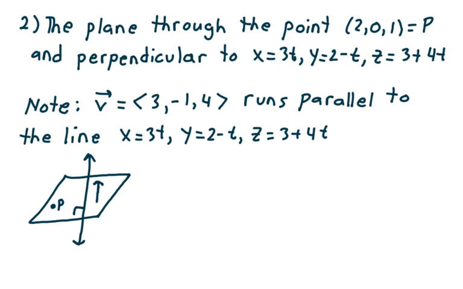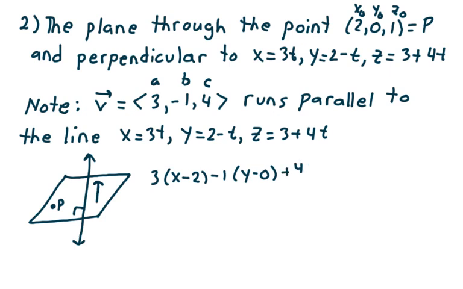So in other words, by design, my a is 3, b is negative 1, and c is 4. And x naught is 2, y naught is 0, and z naught is 1. And so 3 times (x minus 2), right? a is 3, minus 1 times (y minus 0), plus 4, that's c, times (z minus 1) is equal to 0.